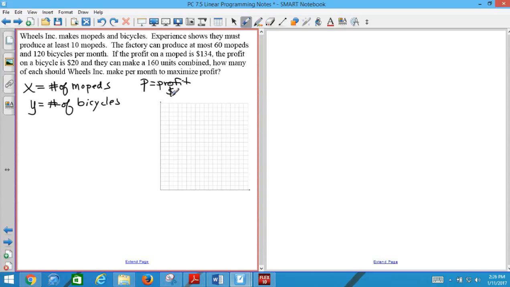Actually, it's not just x is greater than 0, y is greater than 0 this time. Have you read it? You've got to do it on your own.